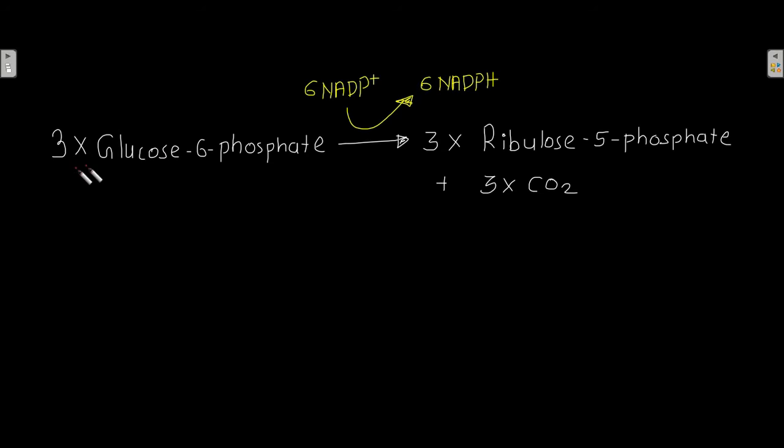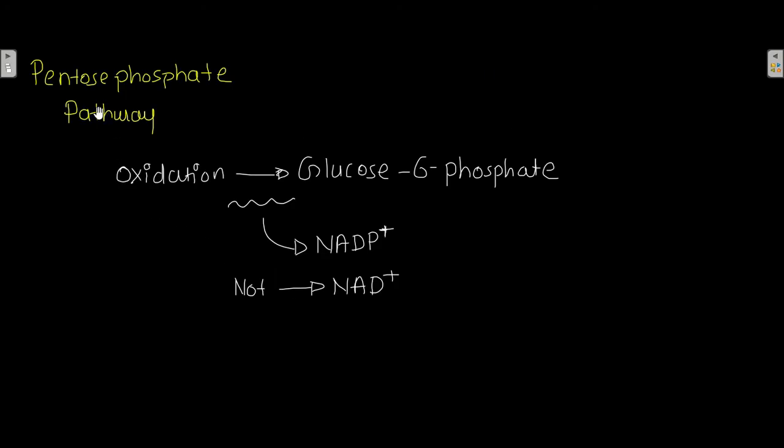When 3 molecules of glucose 6-phosphate are converted into 3 molecules of ribulose 5-phosphate and 3 carbon dioxide molecules, 6 NADP plus are reduced into 6 NADPH. In the pentose phosphate pathway, the oxidation of glucose 6-phosphate utilizes NADP plus and not NAD plus.